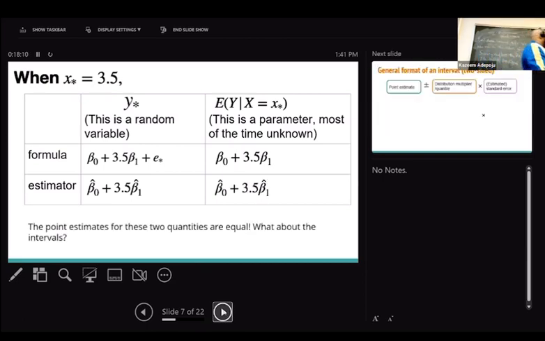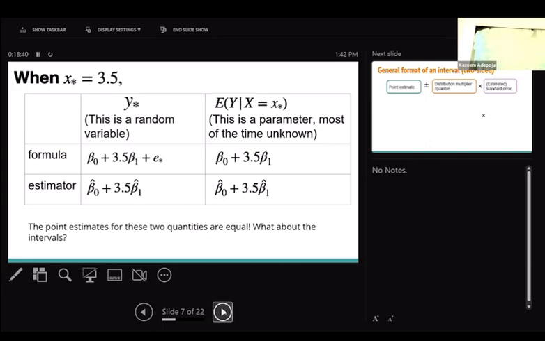But before I go there, I told you the other time, y is a random variable, an individual one. Then that one is a parameter, and most of the time probably unknown. And those are the formulas. But there's something I wanted to show. In the case of the estimator, when you look at the formula for the individual, it involves error, right?